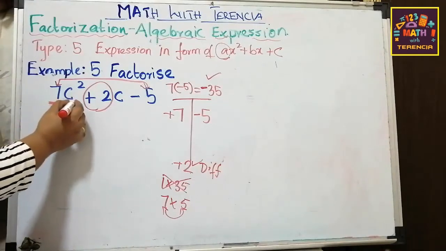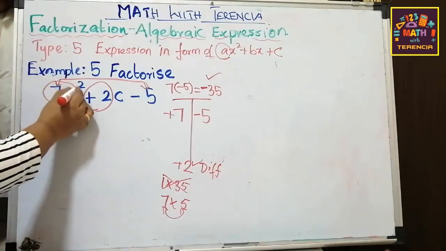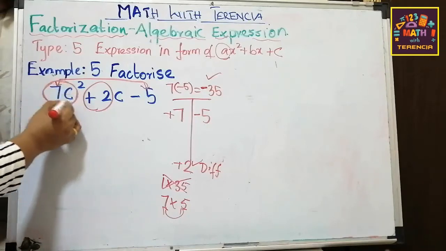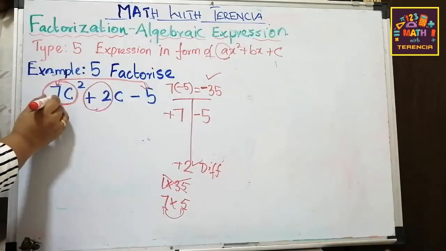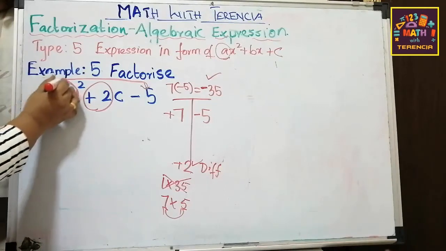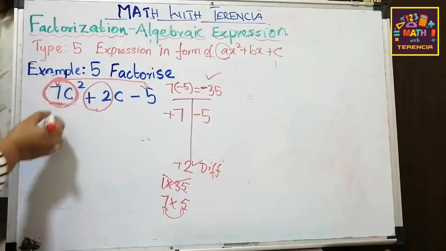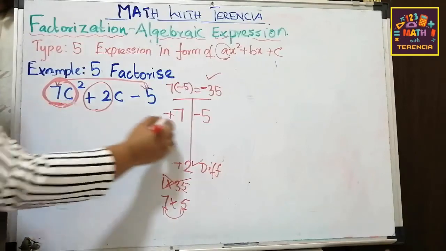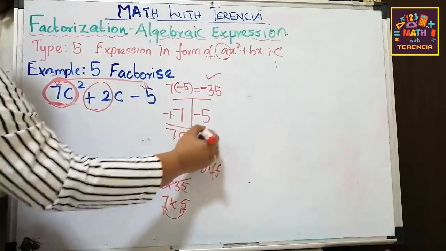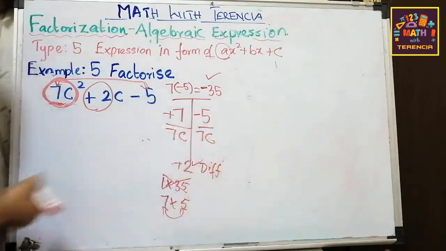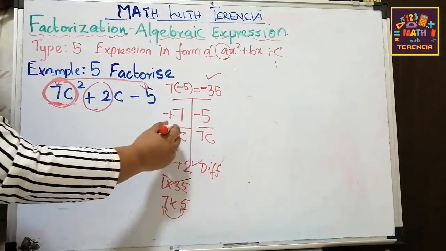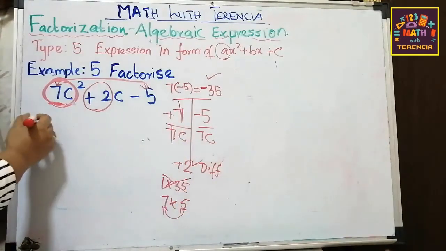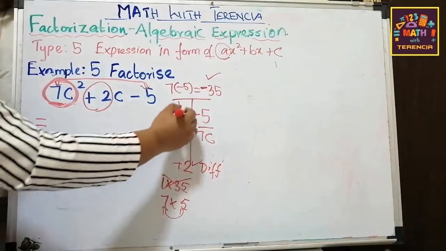Now the variable is 7C. Since I multiplied by 7, I should also divide by 7. So you need to take the term here, which is 7C, so I have to divide by 7C. Now the 7 and 7 get cancelled. So what is remaining here?